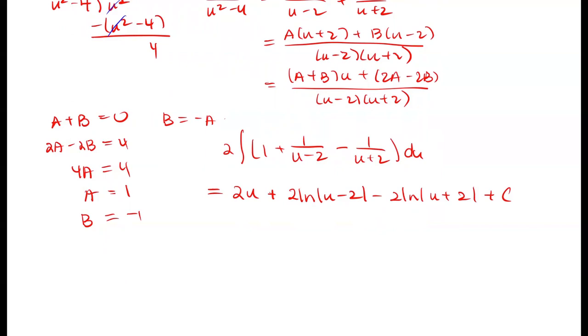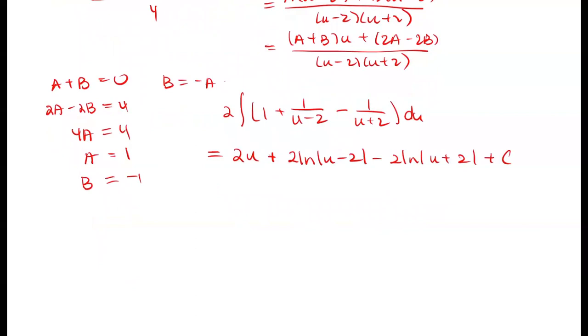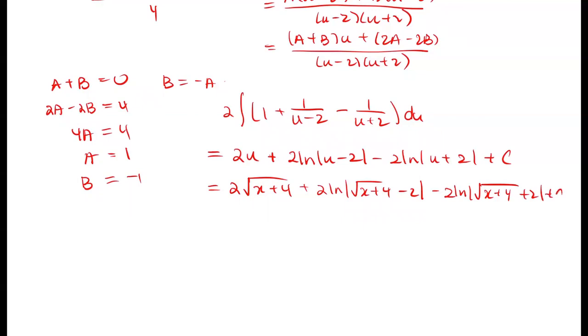Yep. So now I'm going to substitute u back in. So we have 2 times the square root of x plus 4, plus 2 ln of the square root of x plus 4 minus 2, and minus 2 ln of the square root of x plus 4 plus 2, plus c.